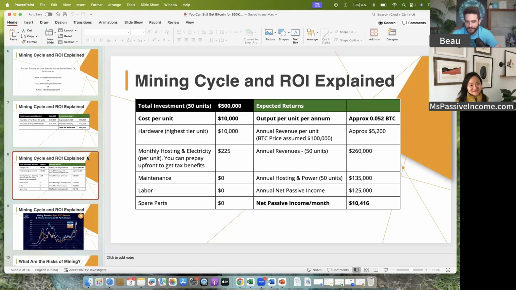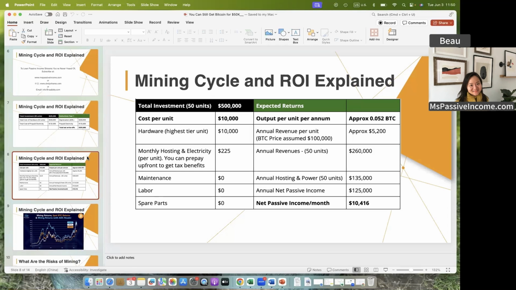Out of those revenues, you just have to deduct that inclusive hosting fee, 225 a month per unit. For 50 units for the entire year, that's $135,000, which leaves you with net passive income of $125,000 for the year. Divided by 12 is $10,416 per month, assuming again a $100,000 Bitcoin price.